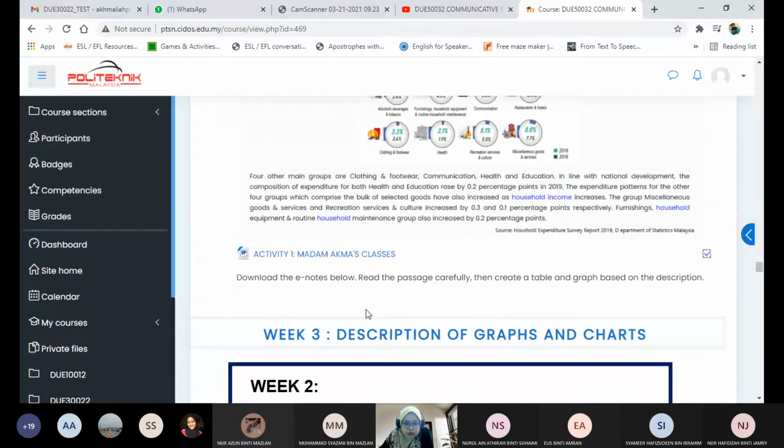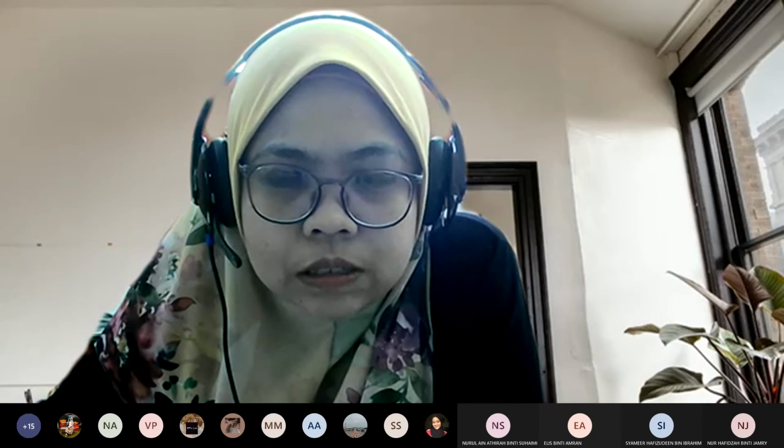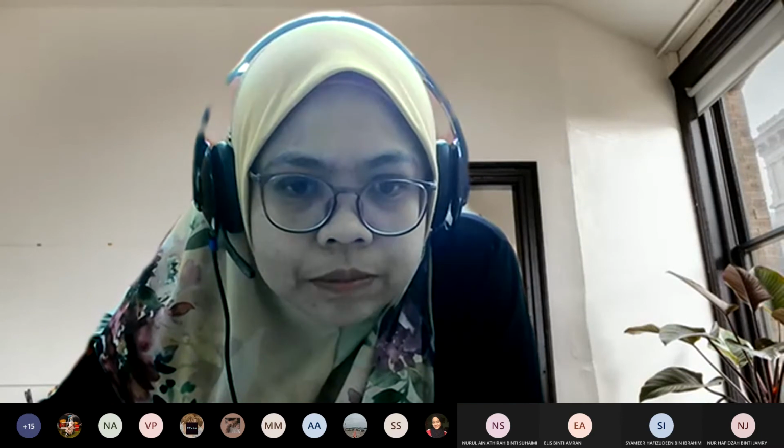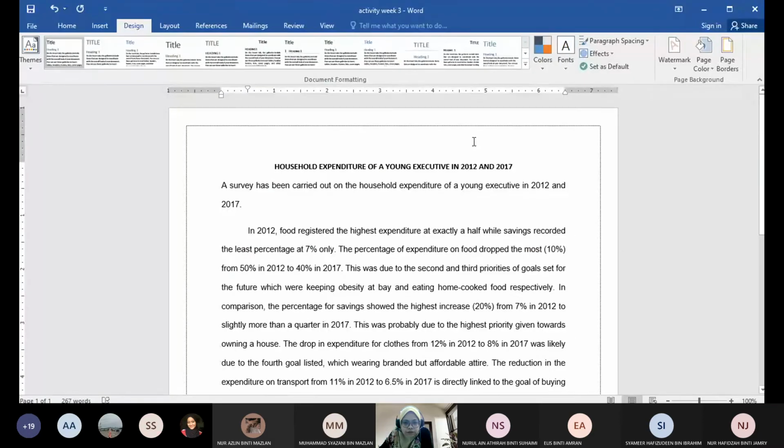Under week 2, last kali. Activity 1, Madam Akmal's classes. Okay, this one they have a Microsoft Word. Dia dalam bentuk artikel. I'm going to show you the article. Okay, this is the article.